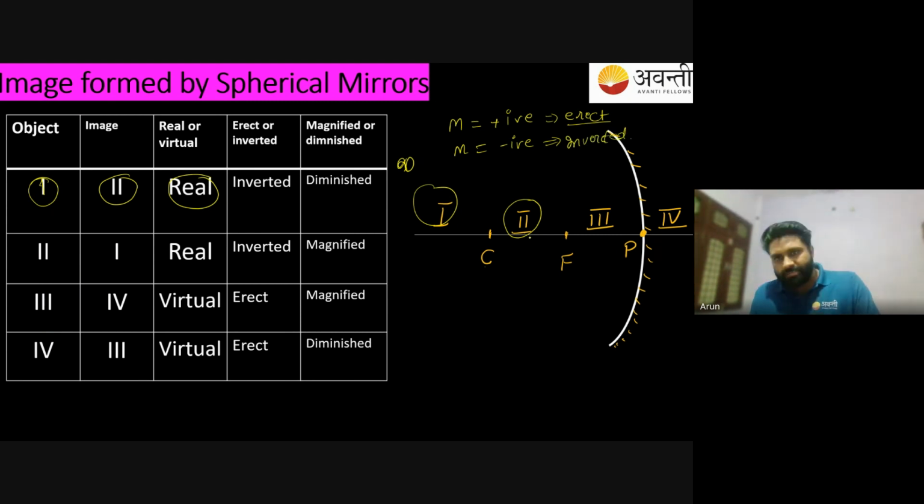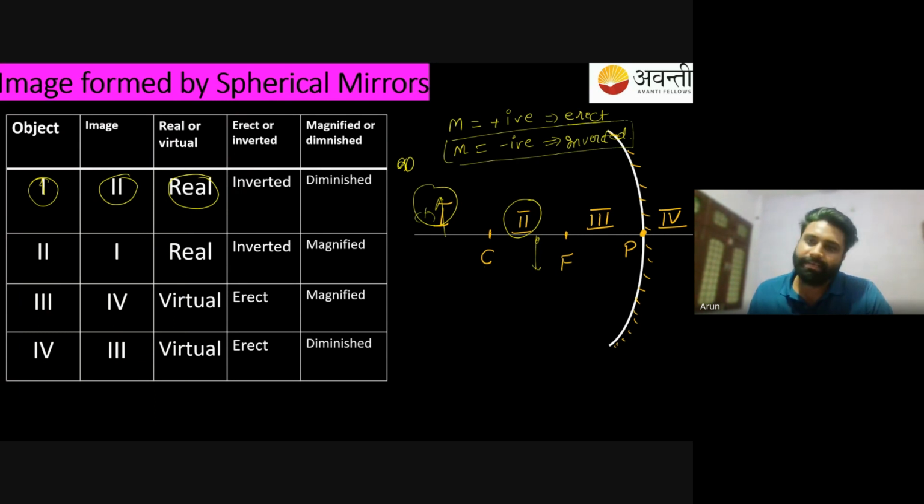Okay, so the image from this will be in this direction. So this height of the image is negative, and this object height is positive. So the ratio of this will be a negative one, so m would be negative.